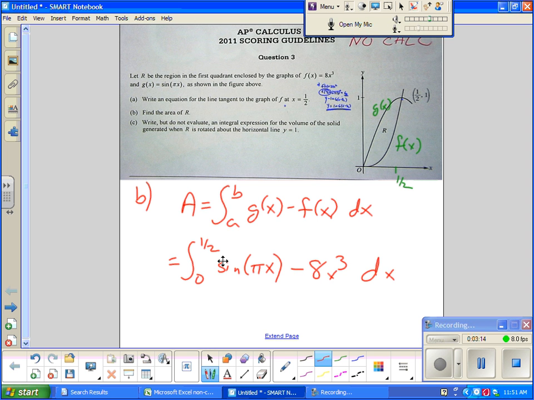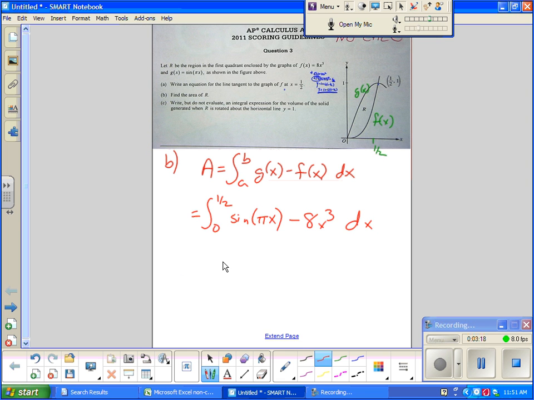Let me finish first. All right. Everybody, if you see it, you don't have to do it. But I'm going to do a u substitution here, with u equals pi x. And do we see that du is pi dx?